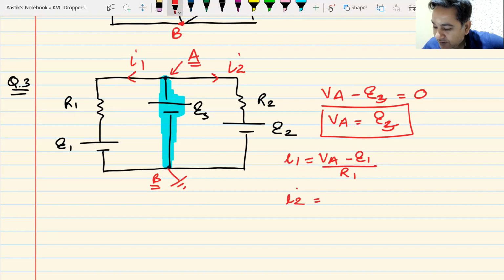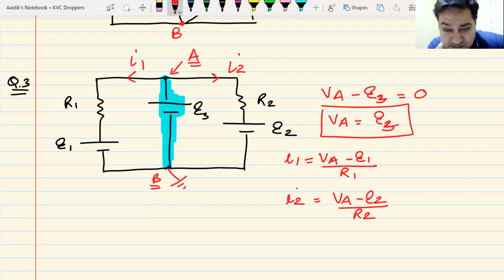What is the value of I2? VA minus E2 divided by R2. Did you get this? Yes, sir. It becomes pretty damn simple. You can't get a simpler question than this. Yes or no? Yes, sir. We have solved it. No Kirchhoff's law, nothing. Simple.